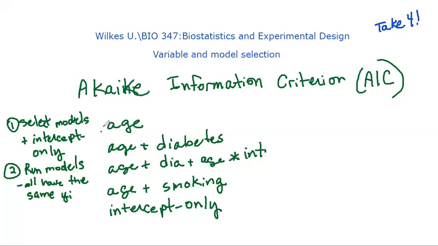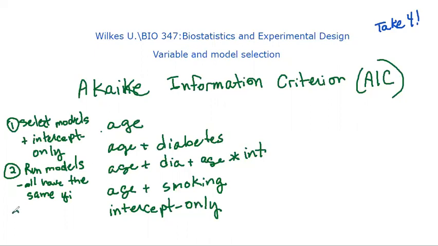We have to keep that constant as we let it be explained by these different models. We can't say the probability of survivorship here and then take the log of the probability of survivorship, because now that is apples and oranges. So we run all models and they all have the same response, because they're fighting to explain that one response variable. If you alter the response at all, you muck that up.